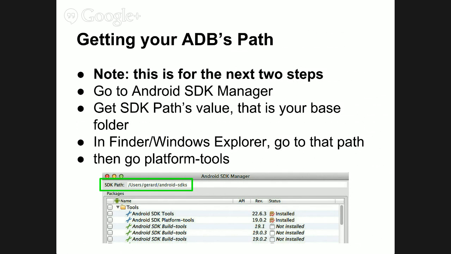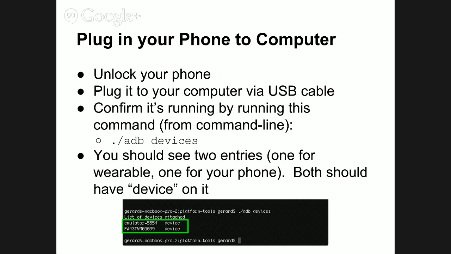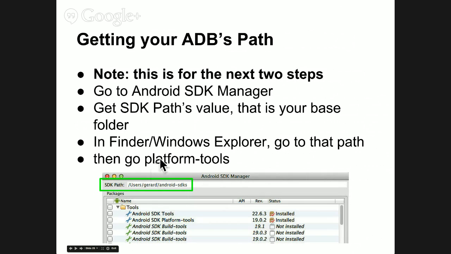Okay, so you guys got it? Okay, so now we're going to check. We're going to make sure your phone is plugged in correctly. So from the command line, you go to that folder. Well, first you have to plug it in, USB. You go to your command line and cd to this folder, plus platform tools.